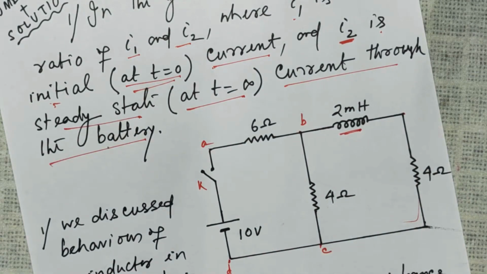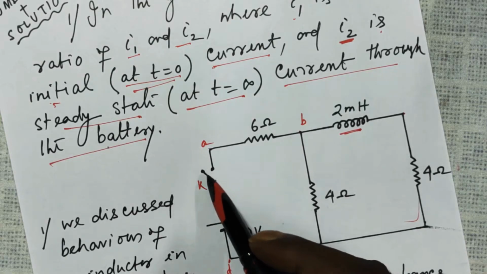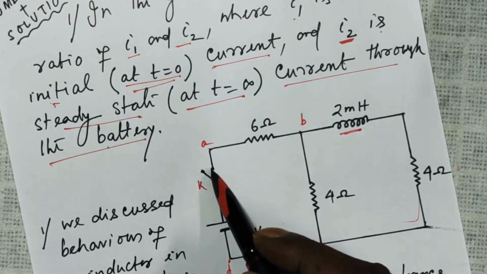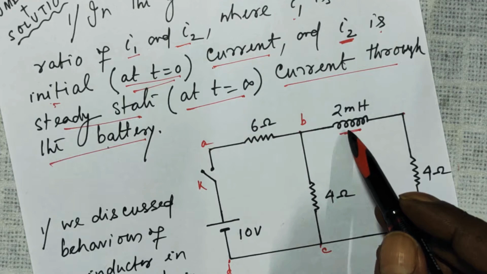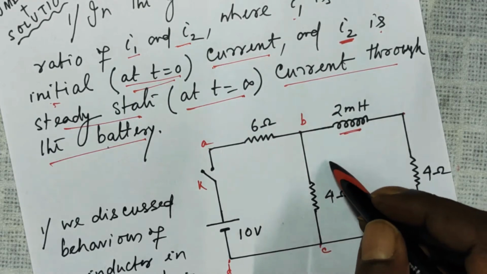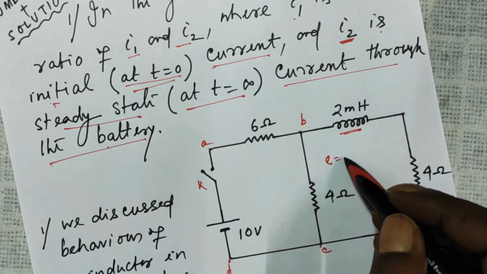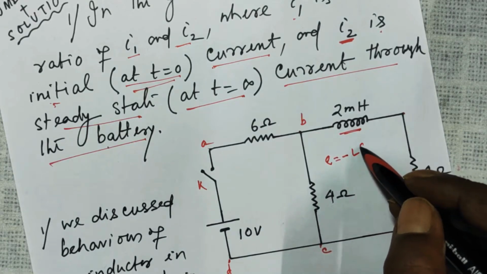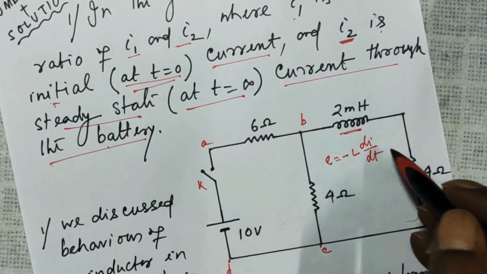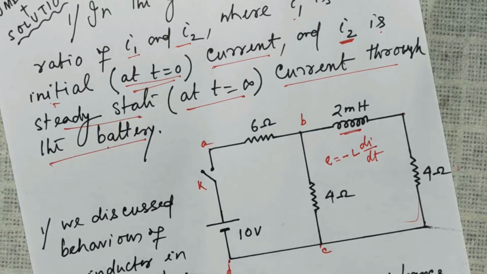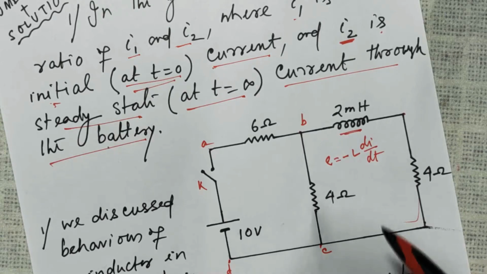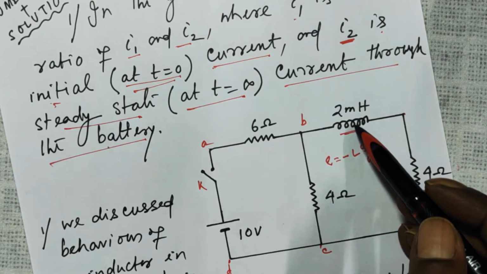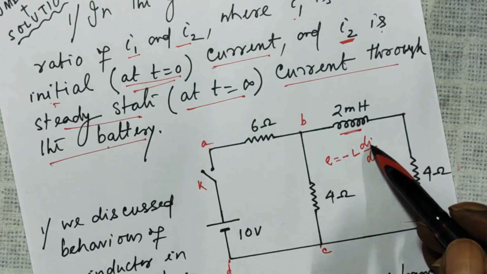Means when the key was switched on at t is equal to 0, the inductor was opposing the growth of current by creating an EMF. EMF was minus L di by dt. As time passes on, the current in the inductor becomes maximum, means I becomes maximum.